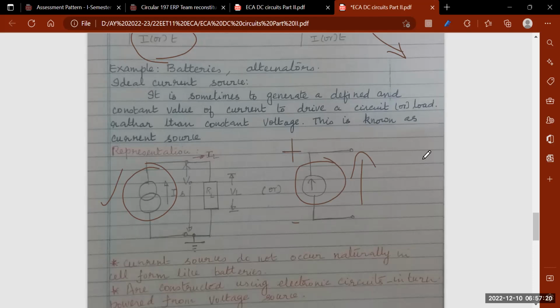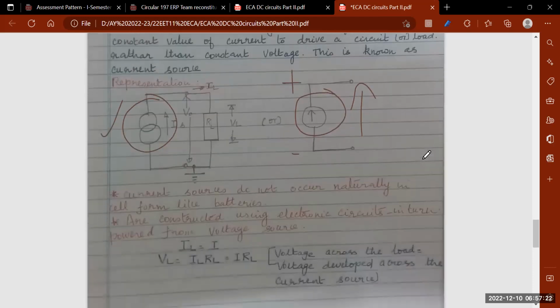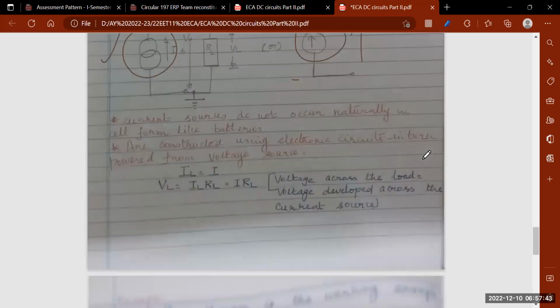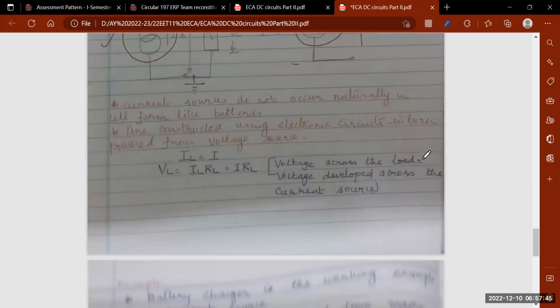Okay. Now, generally current sources do not occur naturally. We don't have any particular device like a battery, which is an example of a voltage source, but I don't have any natural example of a current source. But I can develop my current source, right? So current sources are constructed using electronic circuits. In turn, they are powered from the voltage source.